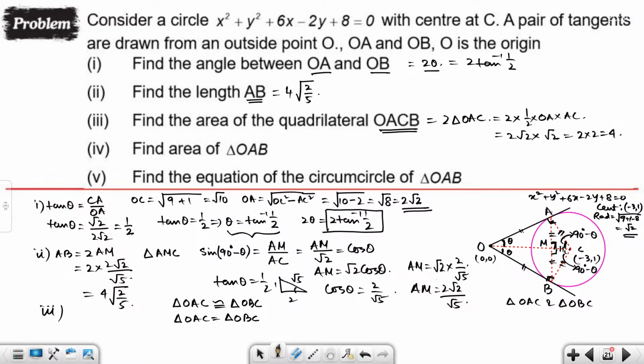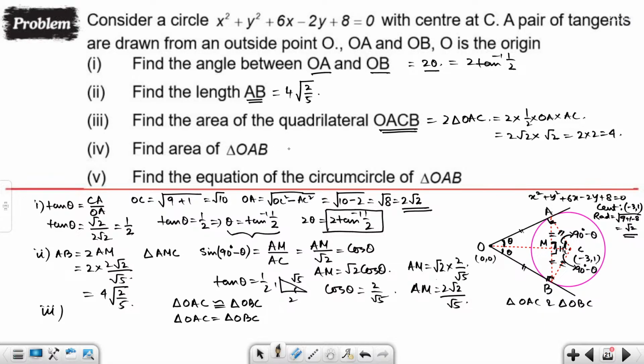Jaldi bolo. Write in the chat section. There are several ways of finding the area of triangle OAB. How can we find it out?